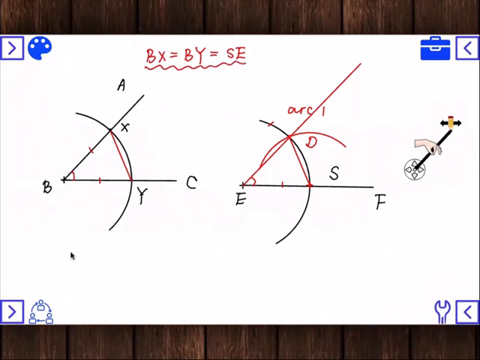But did you notice that ED, this one, is also a radius of the arc 1, which means ED is also equal to SE. And since SE is equal to BX is equal to BY, DE is also equal to BX and BY.